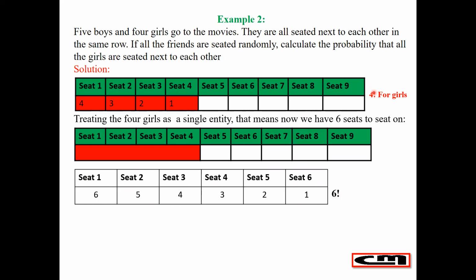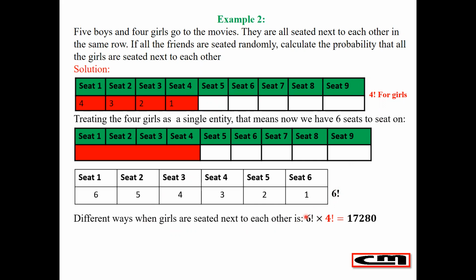I've already calculated how many ways the girls can sit in the 4 seats. Therefore, different ways when girls are seated next to each other is 6 factorial times 4 factorial.